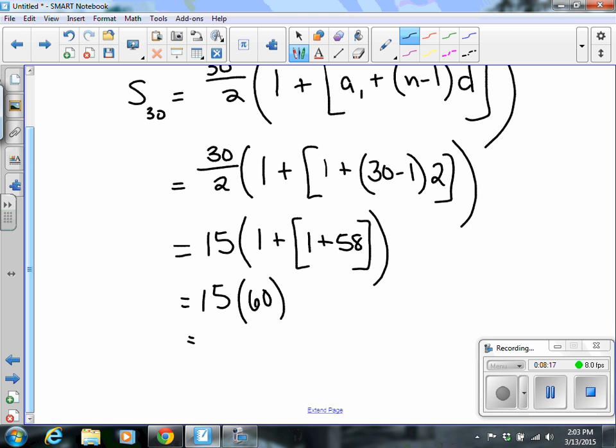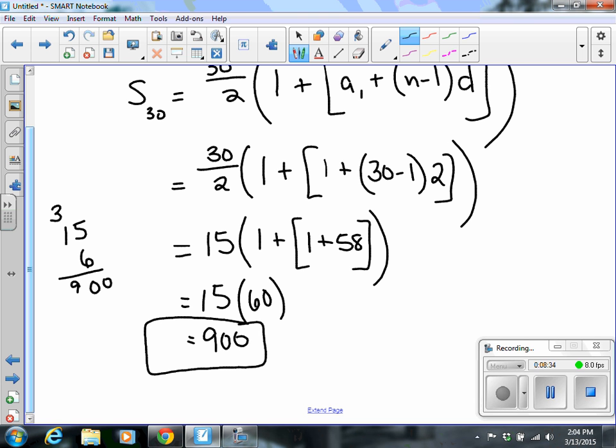Well, I can do a little math off to the side. 15 times 6, add the 0, is going to be 900. So I know then that the sum of the first 30 odd integers is going to be 900.